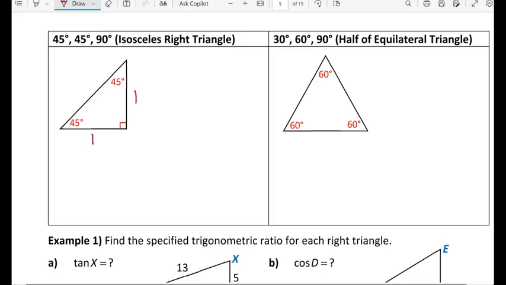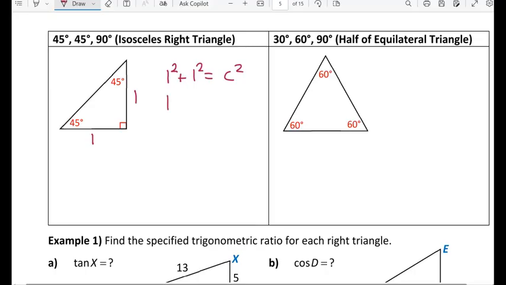If we want to find the hypotenuse, 1 squared plus 1 squared is equal to c squared. And by the way, the two sides have to have the same length because in a triangle, if two angles are congruent, then the opposite sides are congruent. It's an isosceles right triangle.